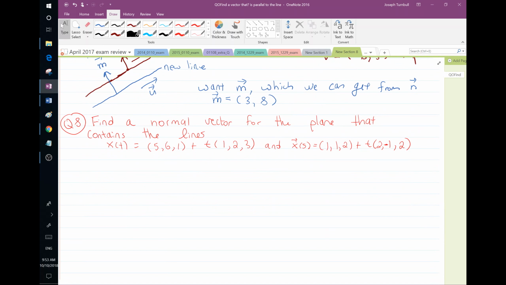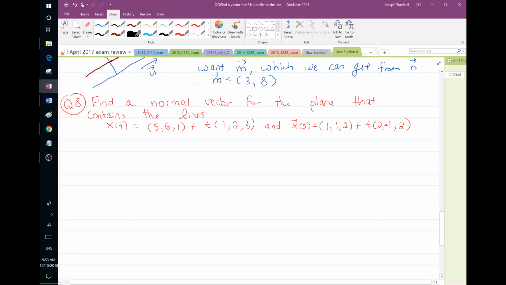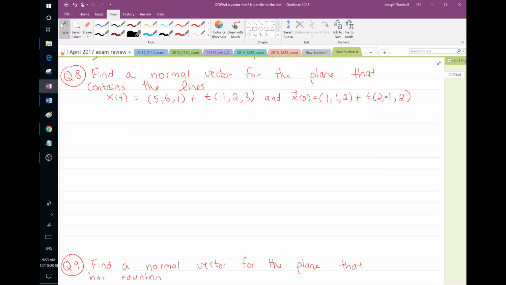Okay, question 8. Find a normal vector for the plane that contains the lines given. So it's kind of silly to draw a picture in 3D, a 2D projection of a 3D image. I'll do my best. There's a plane. It's infinitely thin. I'm going to draw 2 lines on the plane.